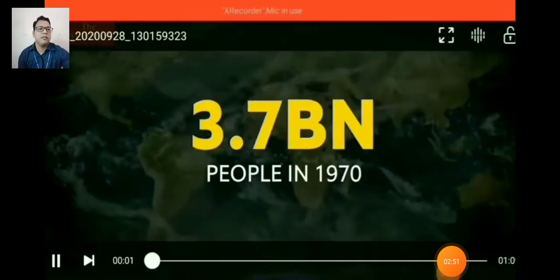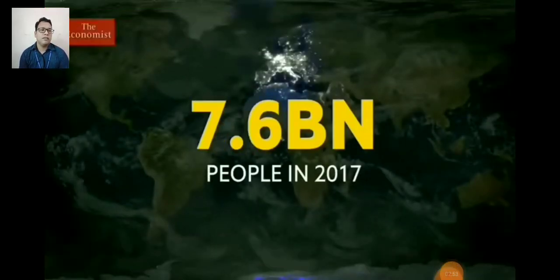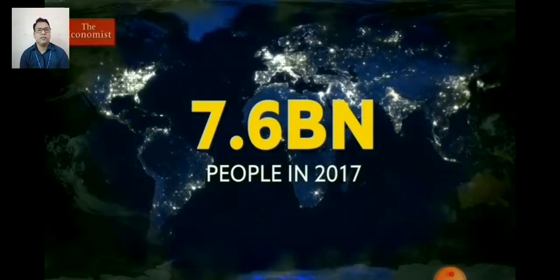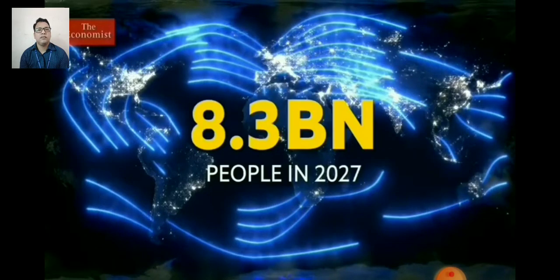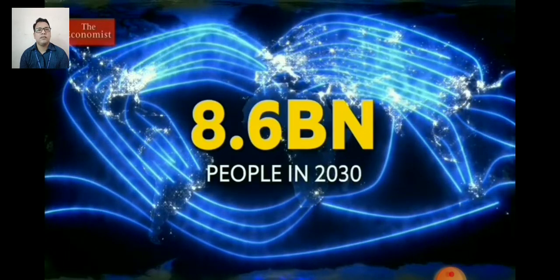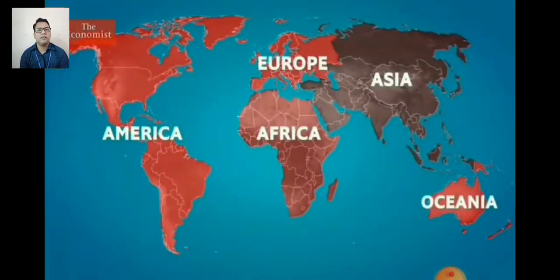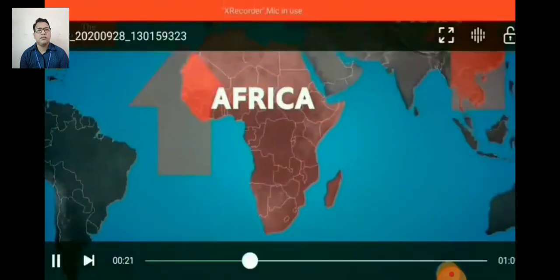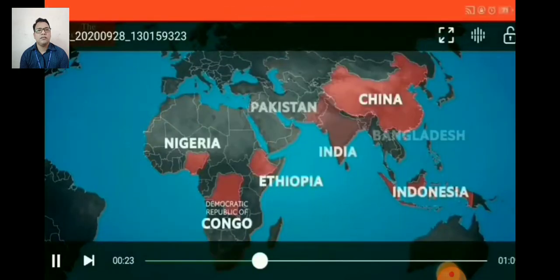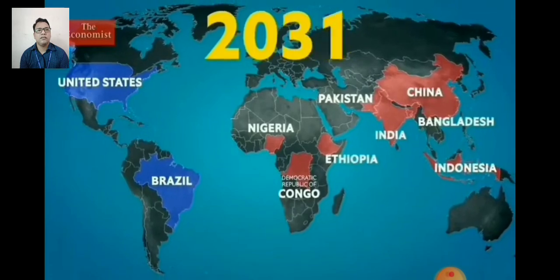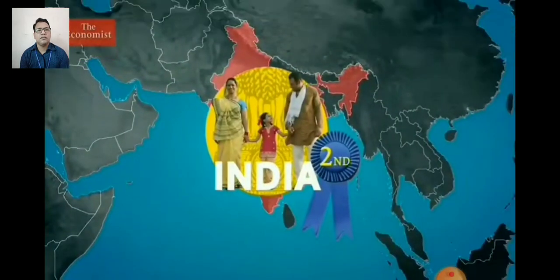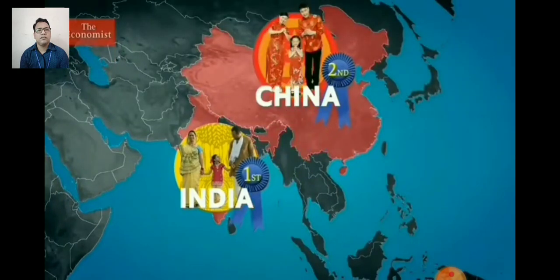The world's population has doubled in just 4 decades. 7.6 billion of us now live on the planet, and it's likely there will be a billion more by 2030. But population growth varies from continent to continent. The fastest population rises are in Africa and Asia, which will have 8 of the 10 most populous countries by 2050. India is set to overtake China as the country with the largest population.